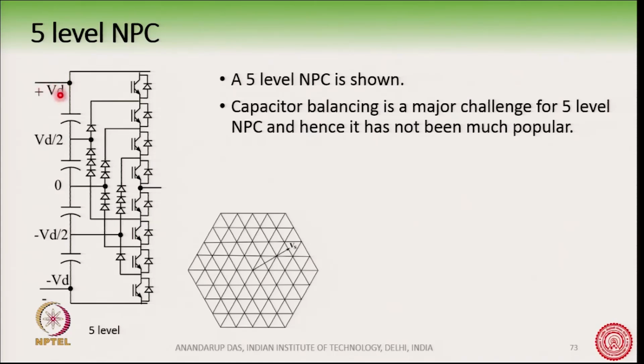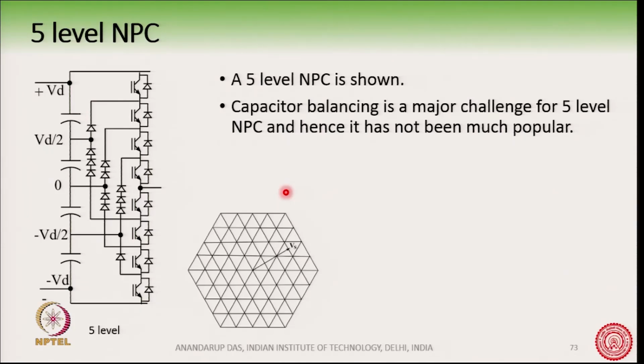You have this Vd voltage here and the minus Vd voltage and the 0 point here, like a conventional 3 level NPC. But now, you also have 4 capacitors here, and all the capacitors have equal voltages. So, this is 0, this is Vd by 2, this is Vd, and then minus Vd by 2 and minus Vd. So, the whole DC bus voltage is split into 4 equal parts across all the capacitors.